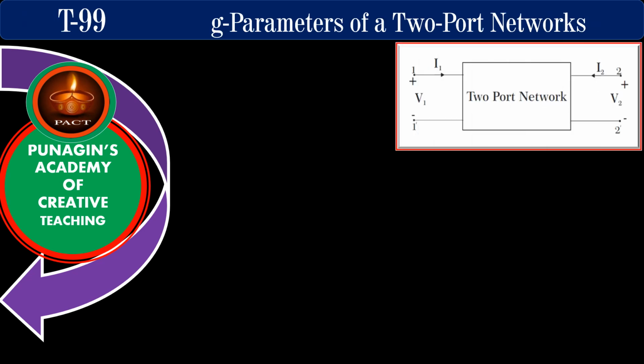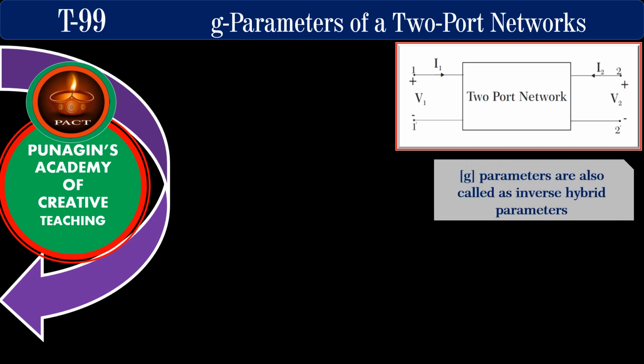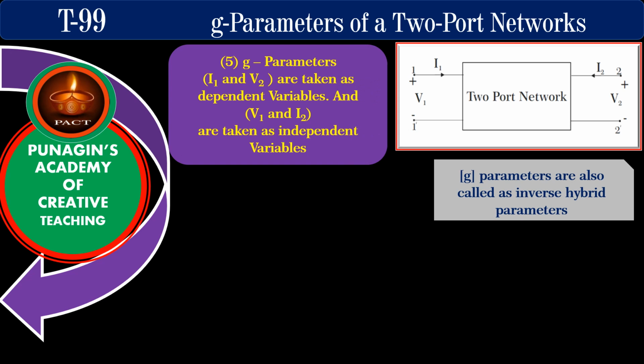Friends, now we shall discuss G parameters of a two-port network. G parameters are also called inverse hybrid parameters. To obtain the equations in terms of G parameters, we take I1 and V2 as dependent variables and V1 and I2 as independent variables.